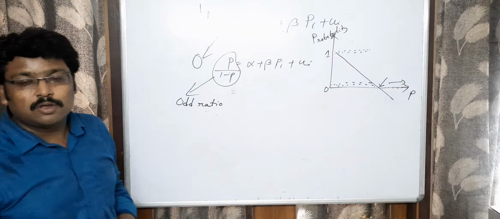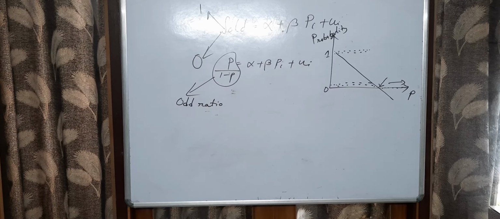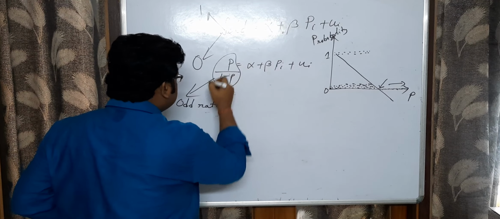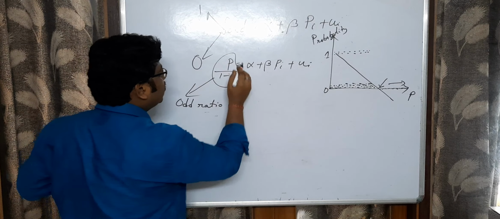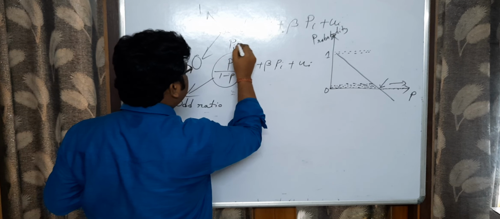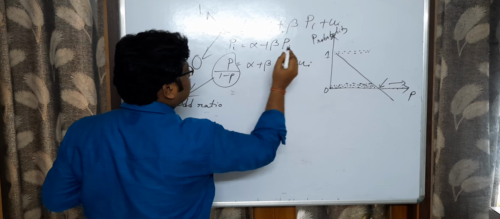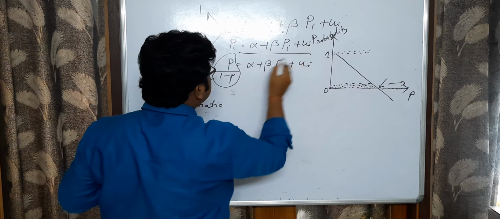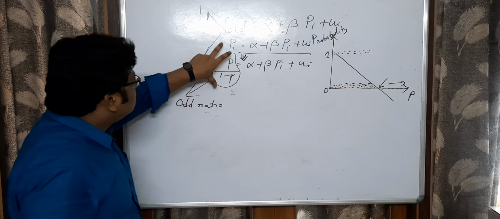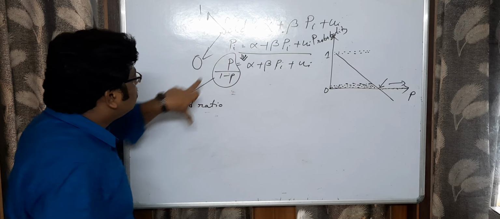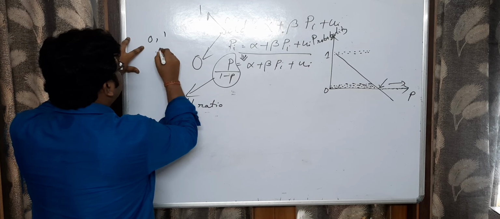For this regression equation the probability has values 0 and 1, and the midpoint is 0.5.